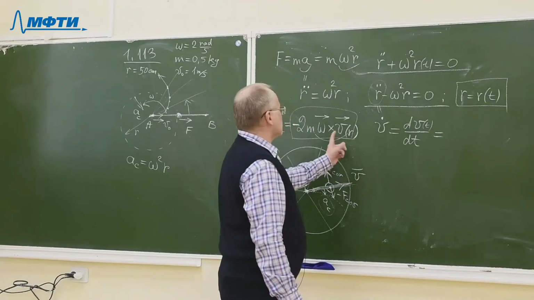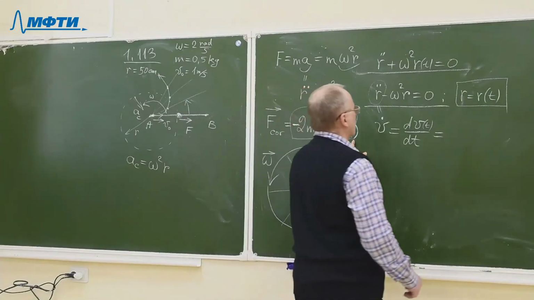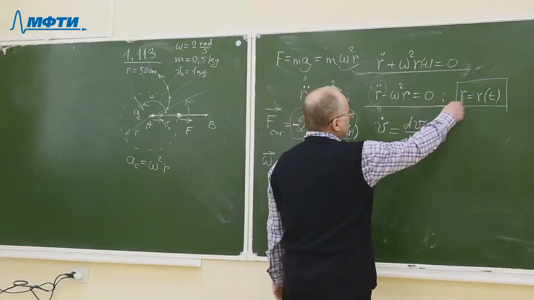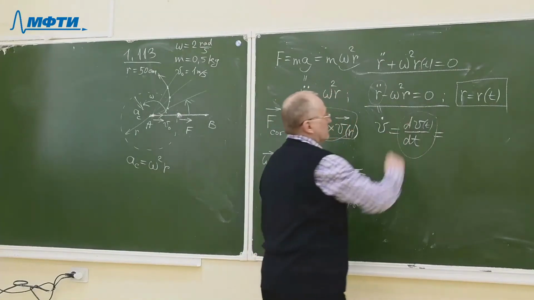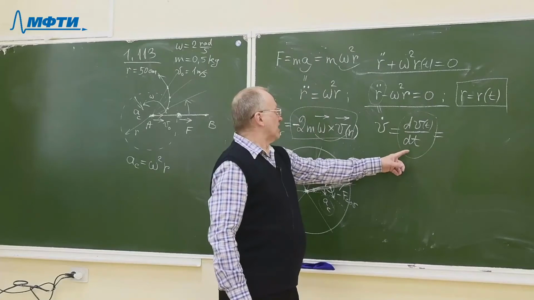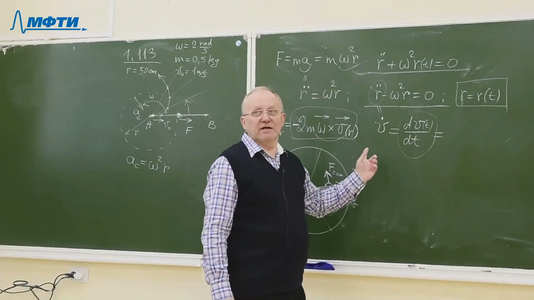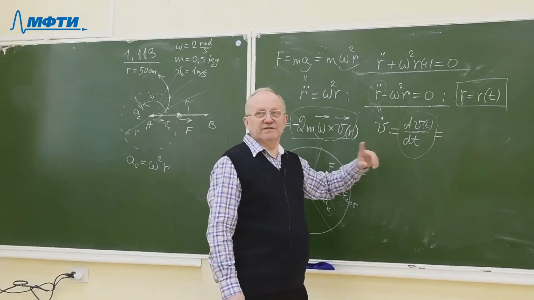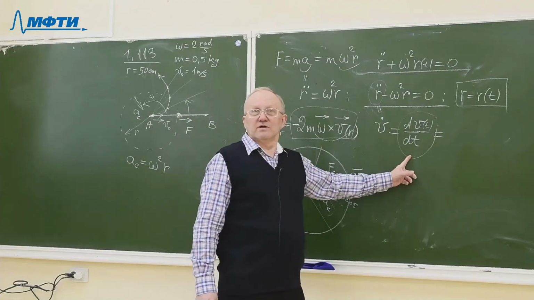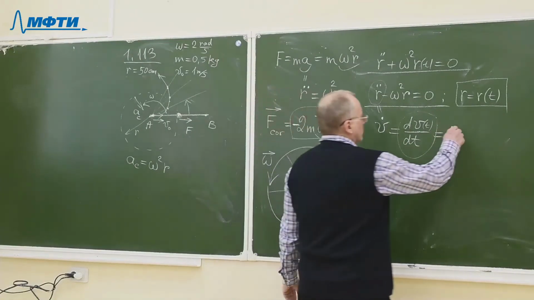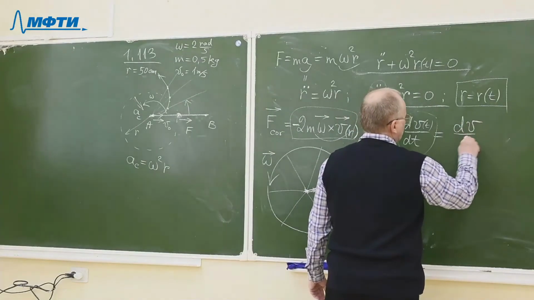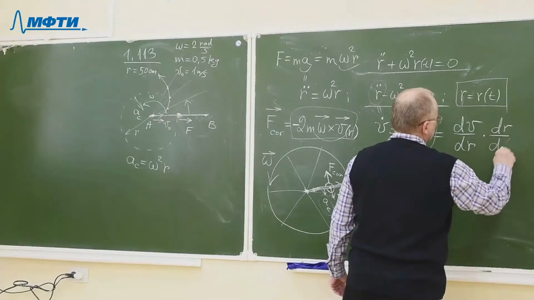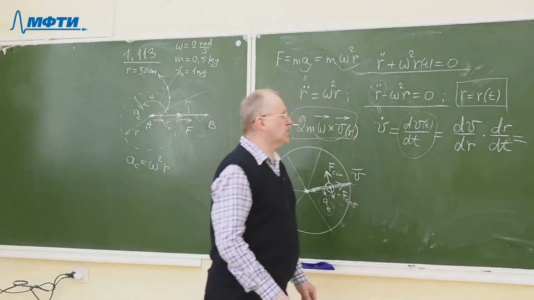In order to find function v as a function of r, and we know that r is a function of t, in this particular case we can multiply this term by dr, and so that nothing changes, we divide it by dr. We multiply and divide by the same quantity. Nothing will change. So it will give us dv dr times dr dt. Has anything changed?